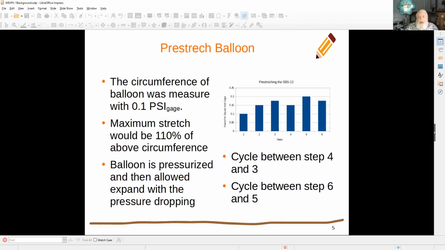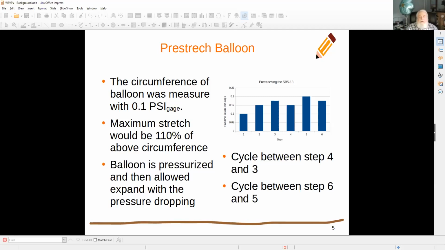And of course, whenever you stretch the thing, you pump it up to a given pressure, and then as the envelope stretches, the pressure drops in the balloon. So we would wait until it dropped down to about 0.15 PSI gauge, and then we would pump it back up to 0.175 PSI gauge.